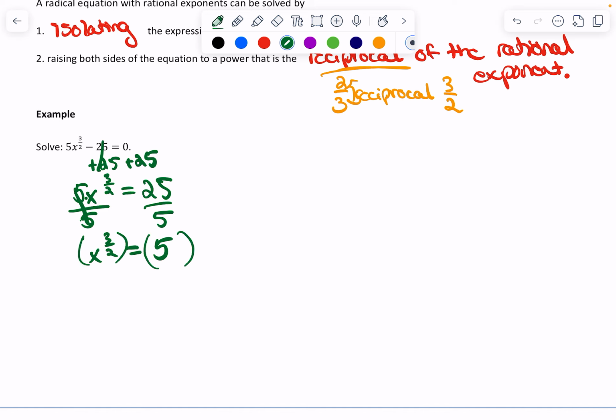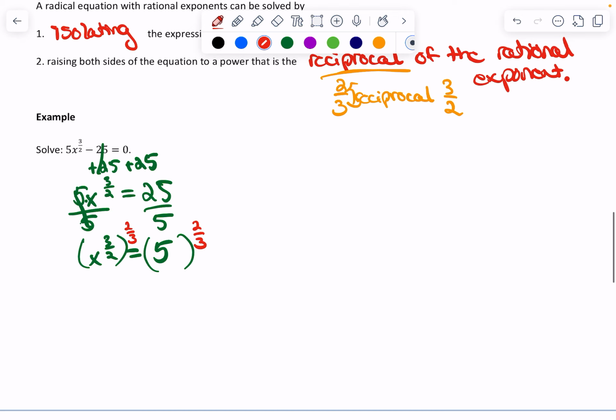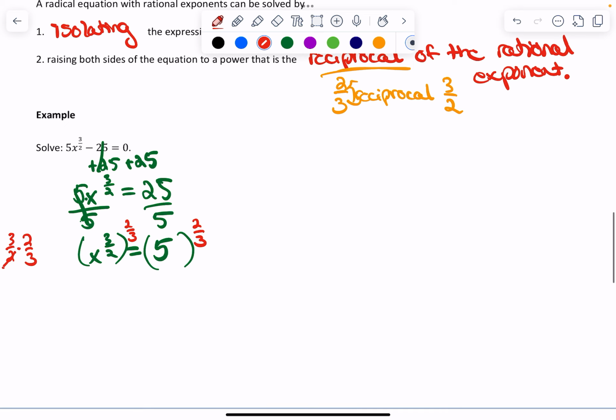Okay, now we have x to the power of 3 over 2. What we're going to do is flip it over and set this to the power of 2 over 3. If you think about the exponents, 2 and 2 become a 1, 3 and 3 become a 1.